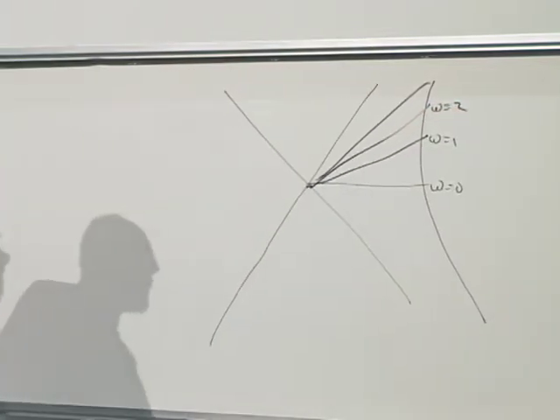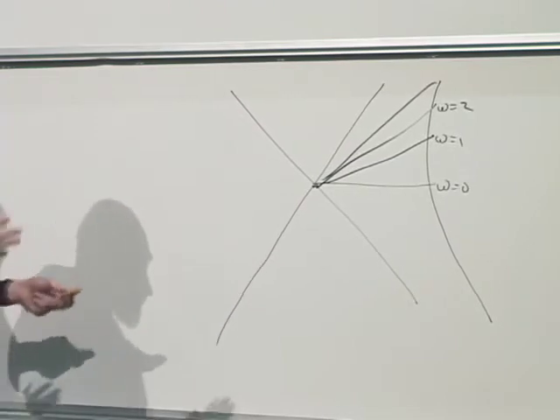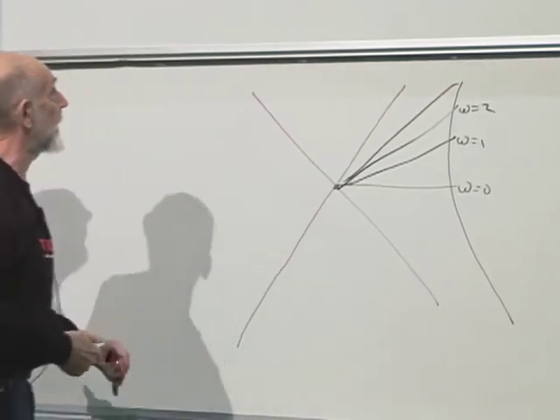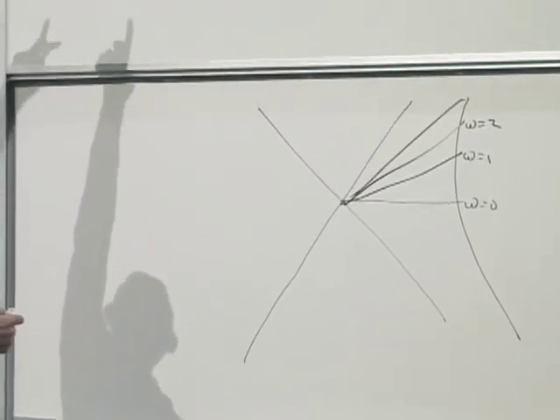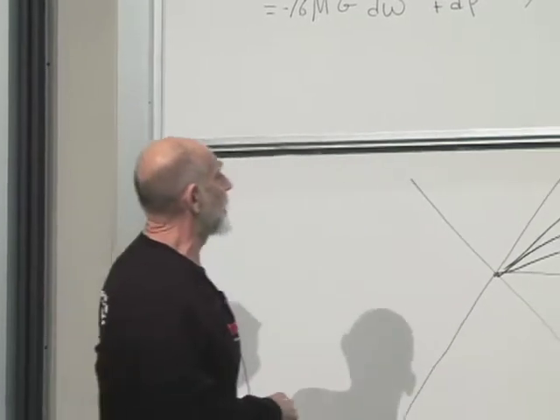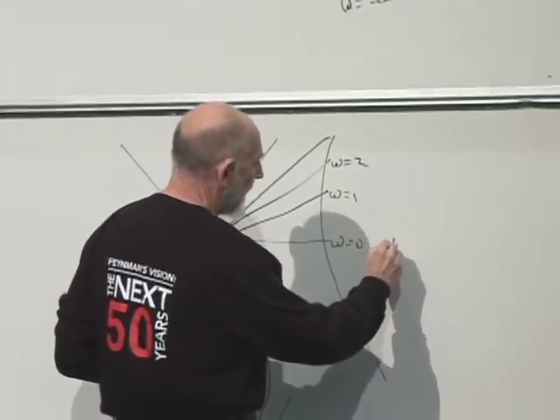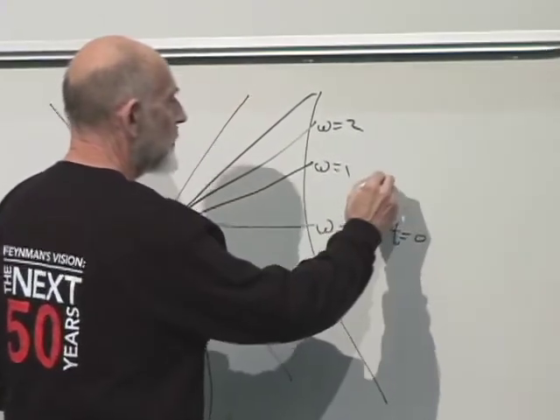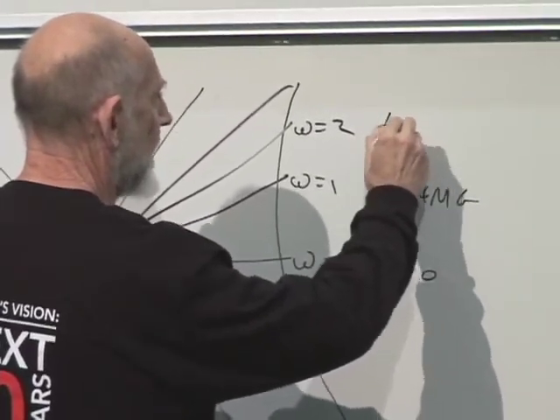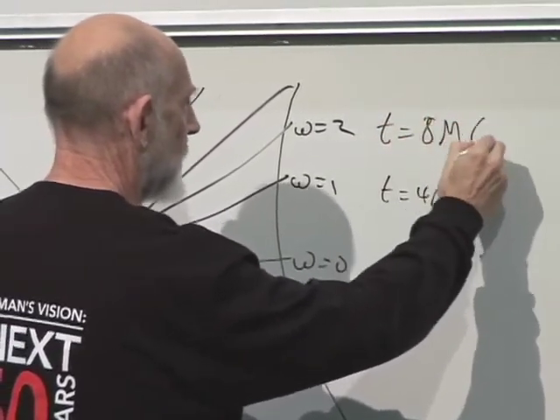What about the Schwarzschild time? You know, the usual time that Bob measures on his wristwatch. He measures Schwarzschild time, the t. Well, t and omega are basically the same thing except for a factor of 4 mg. So this would be his time equals 0. This would be his time equals 4 mg. This would be his time equals 8 mg, and so forth.